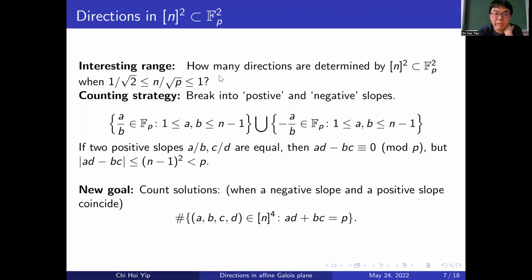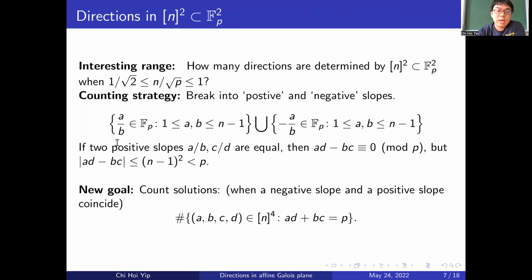To solve this problem, we first try to break our direction set into the positive set and the negative set. Of course, it does not make any sense to talk about positive and negative in F_p, but we just use this kind of idea.